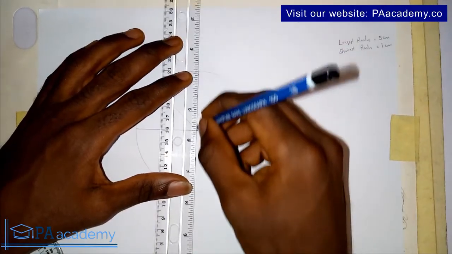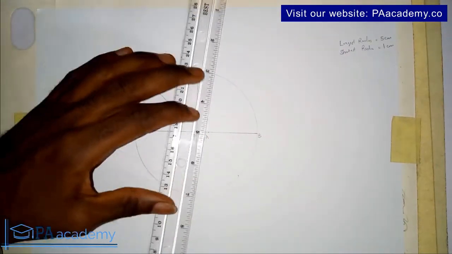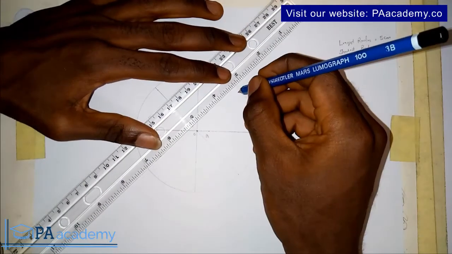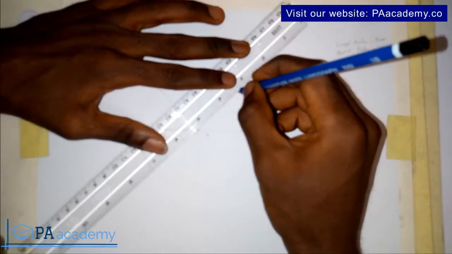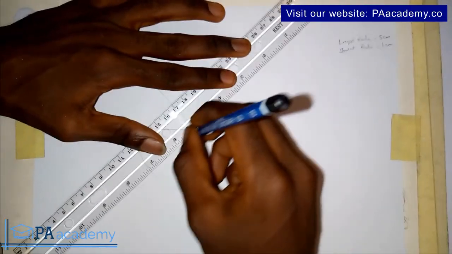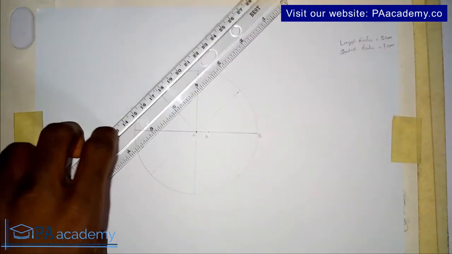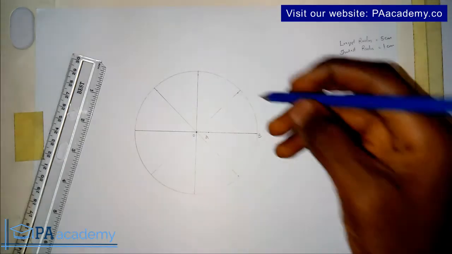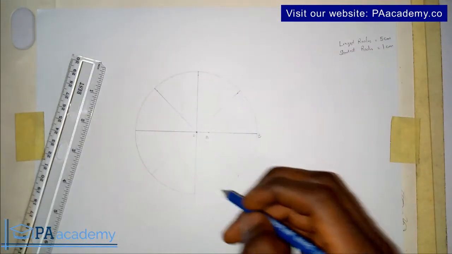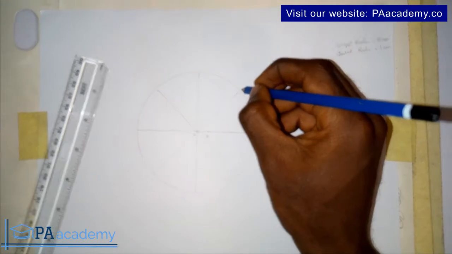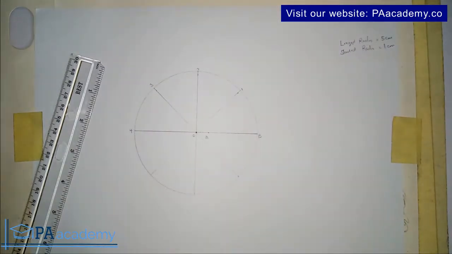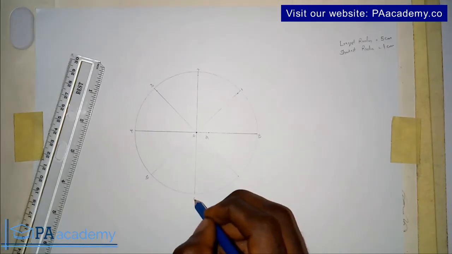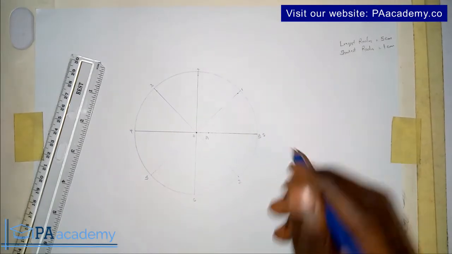From the point that I marked, I pass the line through the center. Having done that, let's call the points 1, 2, 3, 4, 5, 6, 7, and then 8.